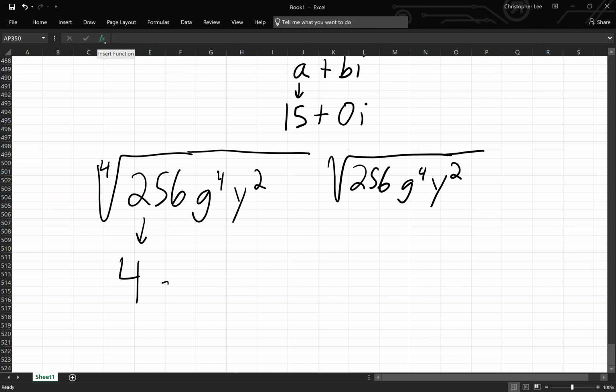And then G to the 4th is going to be just G. And then you're going to have the fourth root of y squared. All right, what's the square root of 256? Not 128, no, square root. What's the square root of 256?